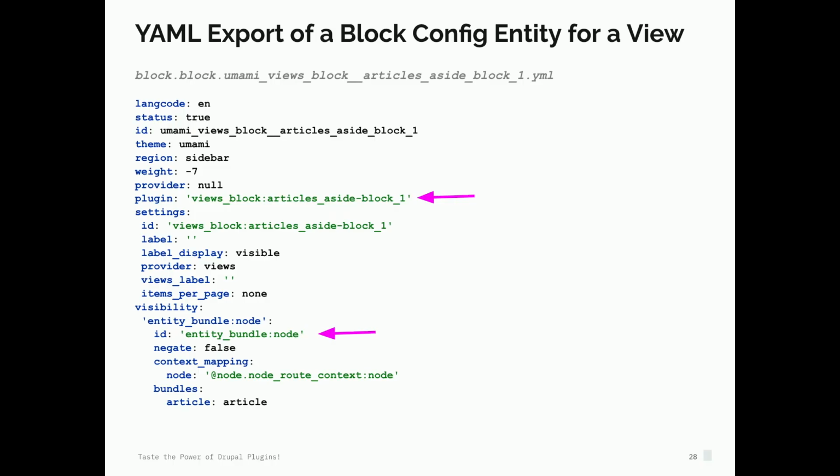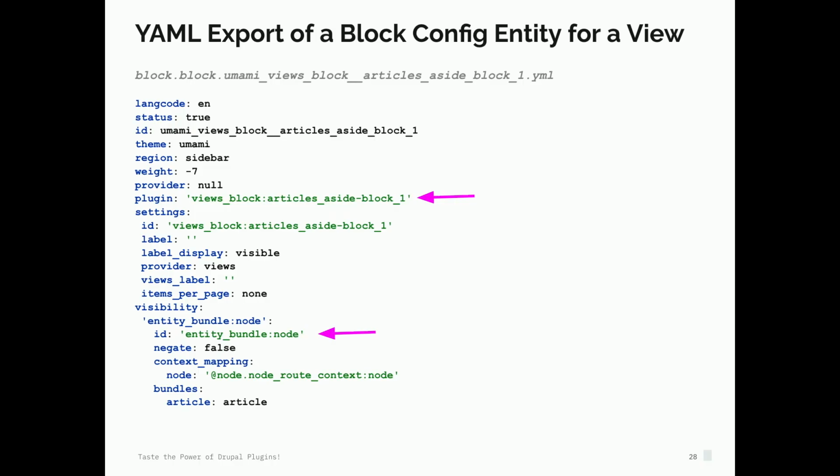So coming back to the slightly more complicated example, I told you that the views module has plugin derivatives for every views block display that you go ahead and create through the UI or however you want. And you can see the top arrow there is pointing out that the plugin ID there is the base ID of views_block, a colon, and then another string which references the specific variant that this plugin instance is going to represent.